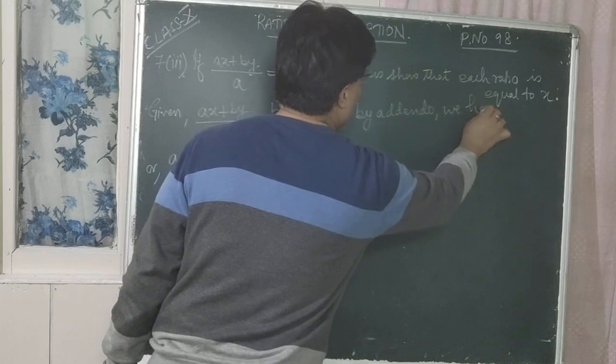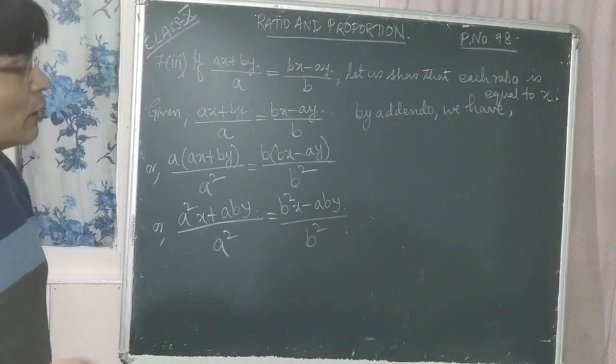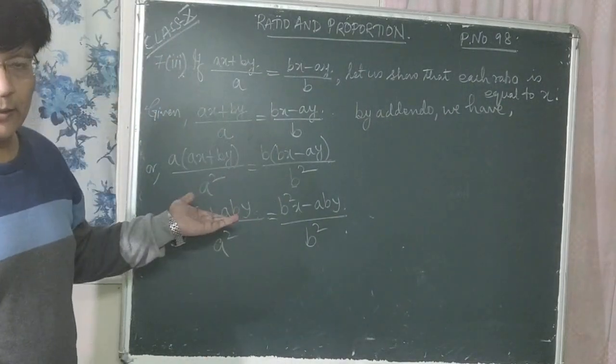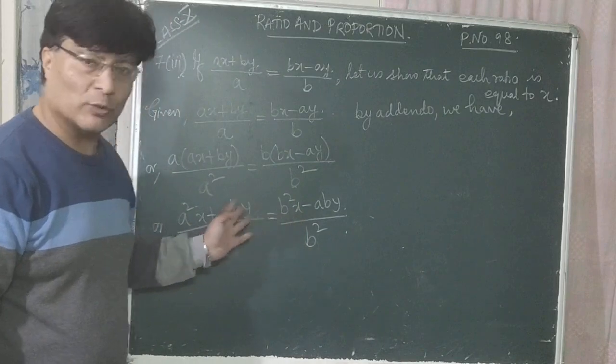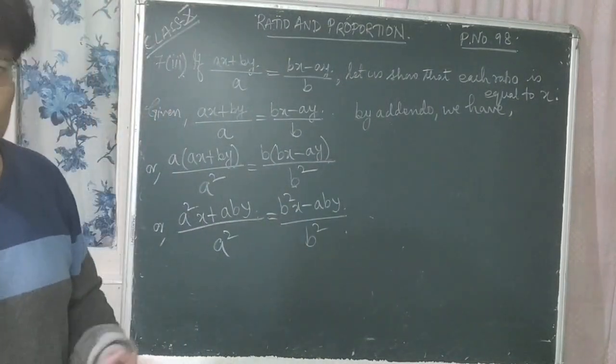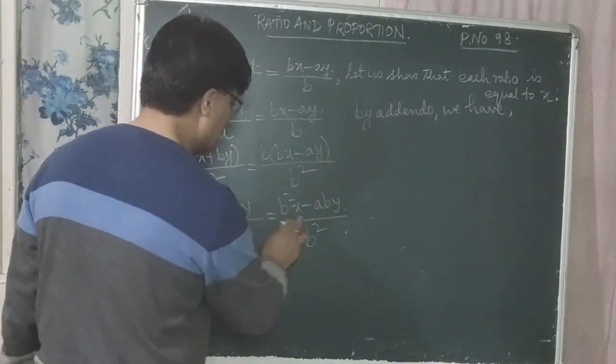So you will write by addendo, comma, we have, so we did it in the last online class. I told you about addendo. You have to add those numerators on both the sides, and those denominators on both the sides. You have to add them. Okay, so by addendo we have this each ratio.